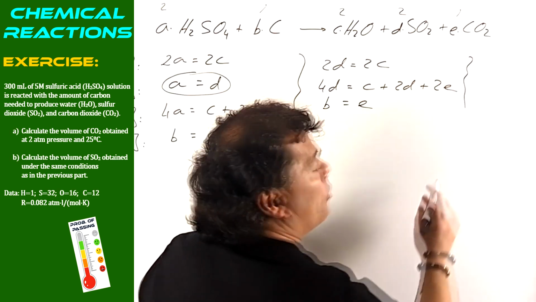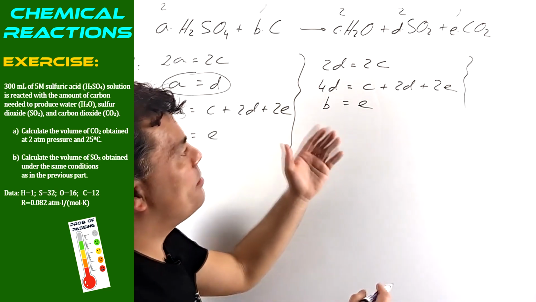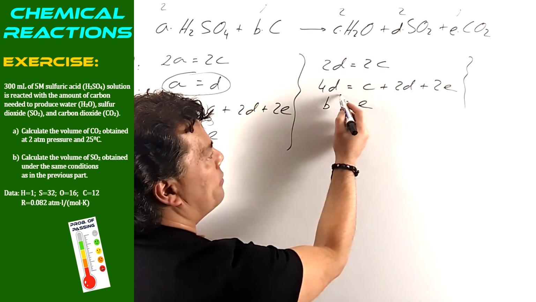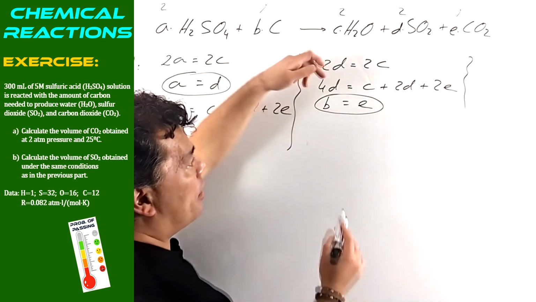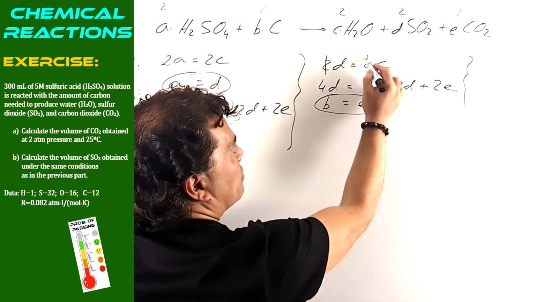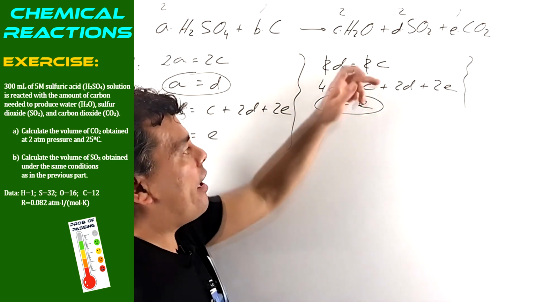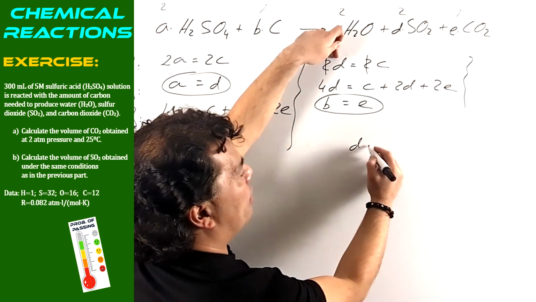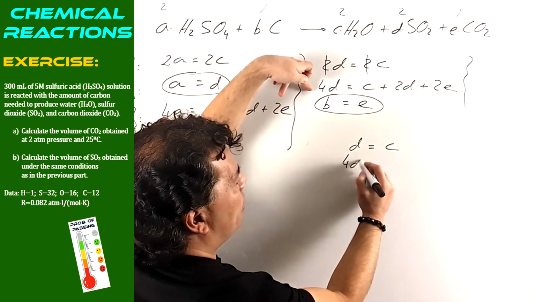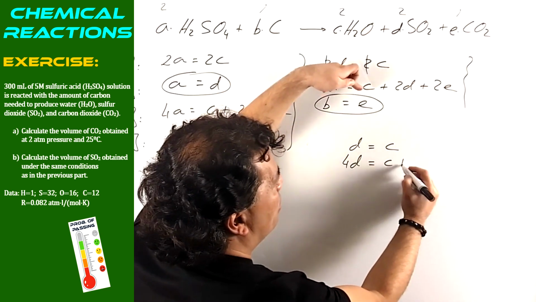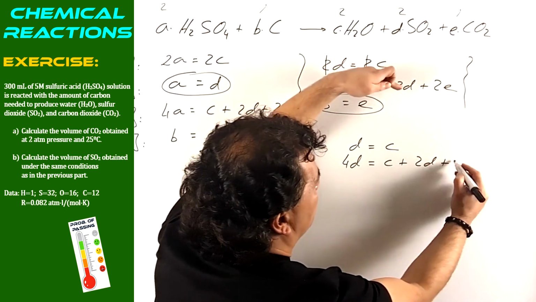And now we are doing the same. Let's choose the simplest one, for example, the third equation, in order to rewrite the other two. Well, we can remove these numbers from both sides, and D equals C, and here 4D must be equal to C plus 2D plus 2E.